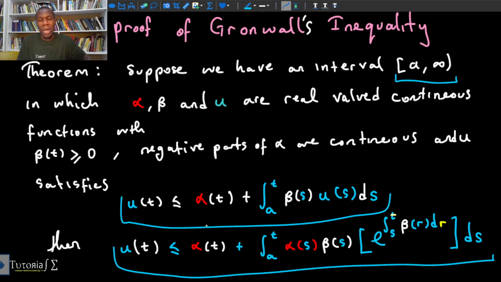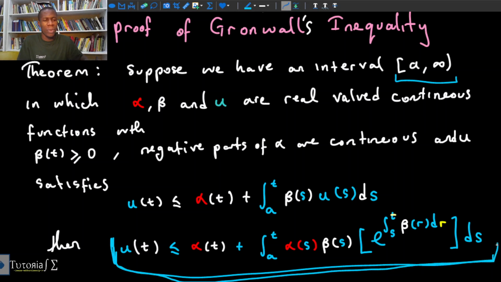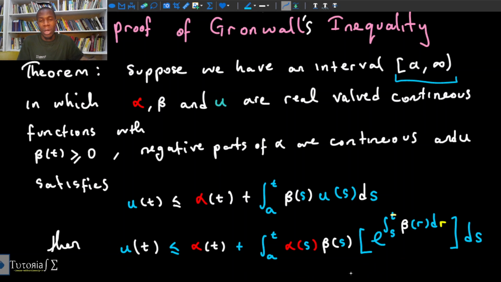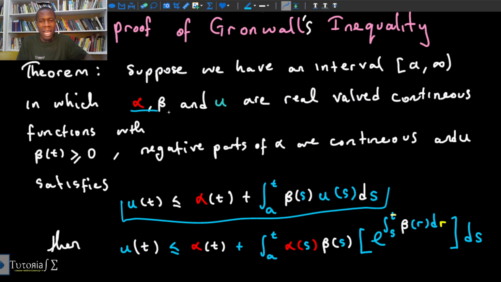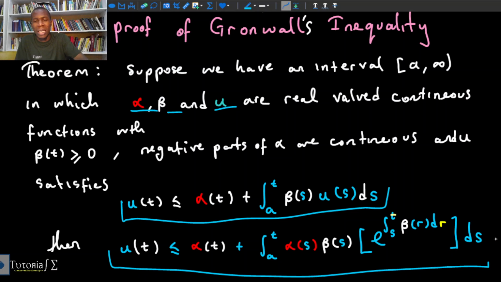Then if you come up with this inequality, you can show boundedness by simplifying this inequality down here. So that is the setup for real world problems. In this proof, I'm just going to show you that given this, and satisfying all these conditions in terms of alpha being continuous, we can have this at the end of the day. So let's do that.